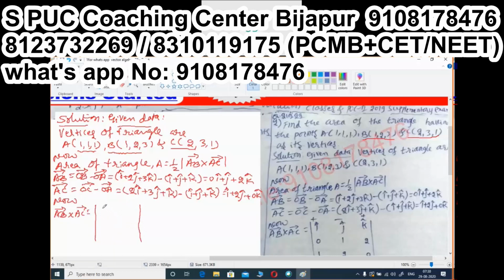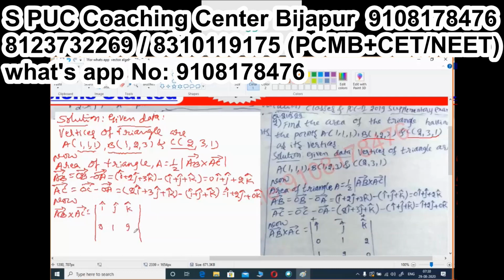What comes is, first row, I cap, next J cap, next K cap you are going to write. Second row, what you are going to write, you use that AB vector, so that is 0, coefficient of this 1 2 1, next is 2.